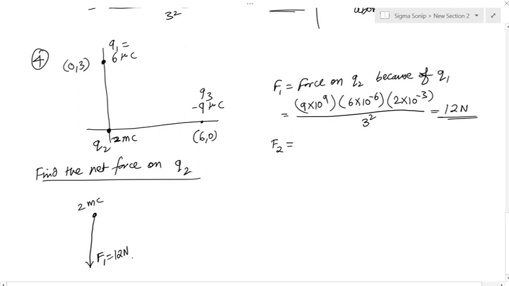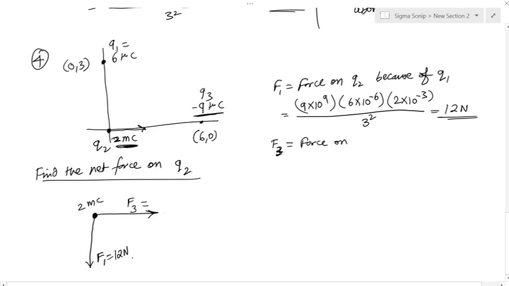So now we are considering Q2 and Q3. We see that Q2 is positive and Q3 is negative, so there will be a force of attraction between them, which means that this Q2 charge here will be pulled towards Q3. So this is my 2 millicoulomb charge, and the new force because of Q3 will be in this direction, because Q2 will be pulled towards Q3. So Q3 here, and let me call this F3, instead of F2. And what is this?